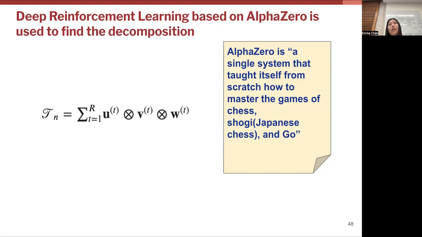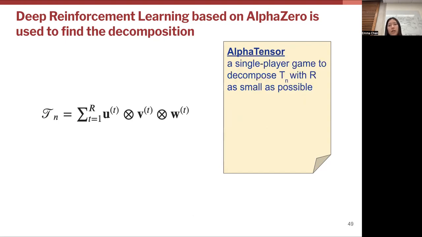So it does not train on any human players' data. It just trains by playing the game on its own. So game playing is the keyword for using AlphaZero. That's why AlphaTensor formulates the question of finding the matrix decomposition as a single player game.